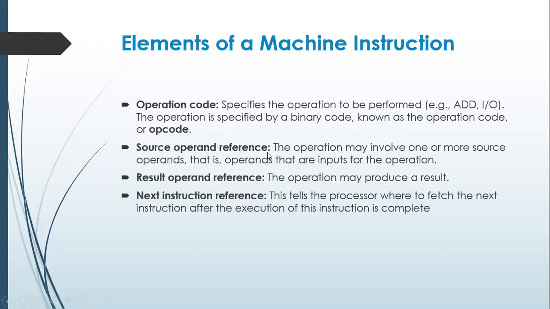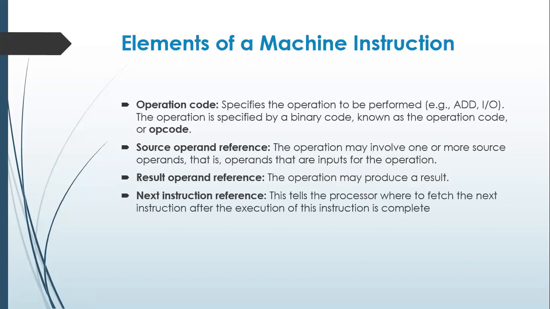The next element is source operand reference. Whatever operation we are talking about, that operation may involve one or more source operands, that is, operands that are input for the operation. Next one is result operand reference.